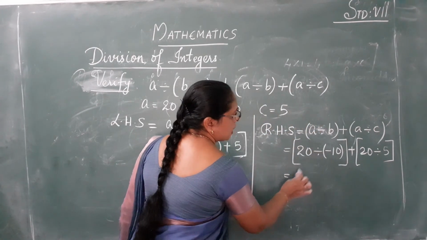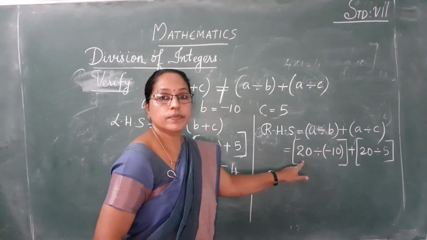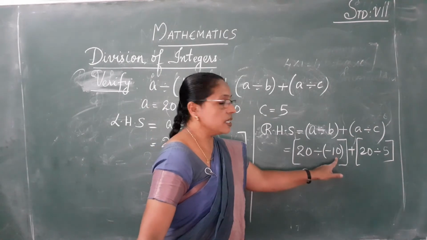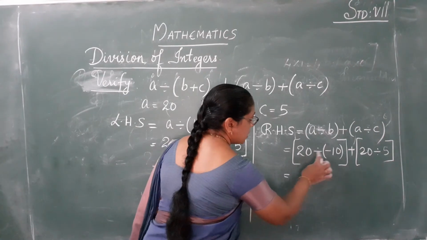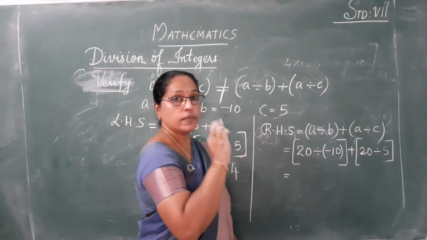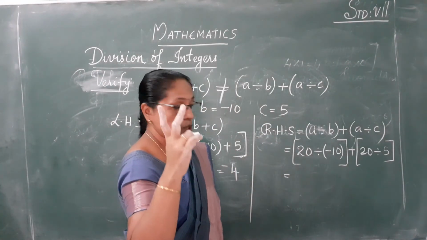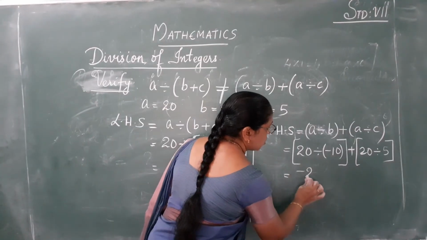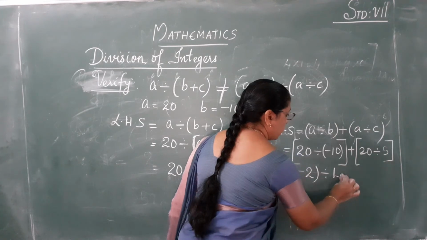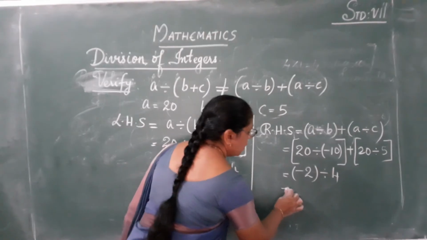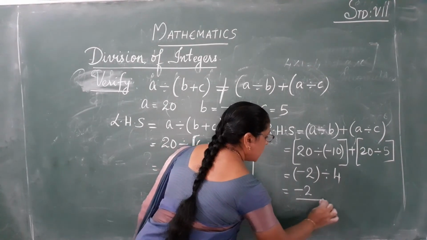So we get 20 divided by negative 10. Division, different signs. 10 table 20, how many times? 2 times, so negative 2. Plus 20 divided by 5, which is 4. So we get negative 2 plus 4.